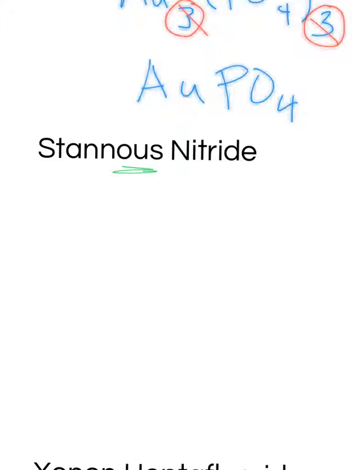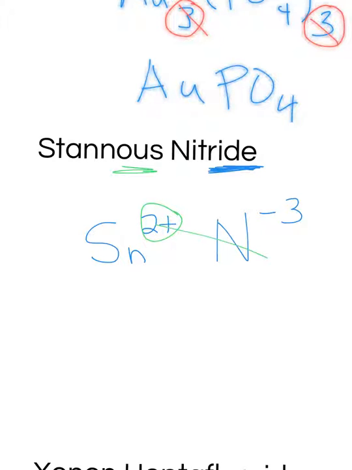Stannous tells me that it's the tin with the lower of its 2 possible charges, which in this case is tin with a 2+ charge. Now, nitride, the ide ending, is what tells me that it's not nitrate, it's plain old nitrogen. Now, nitrogen forms ions that will have a 3 negative charge. So I'm going to cross my charges down, and that's going to give me the resulting formula Sn3N2.